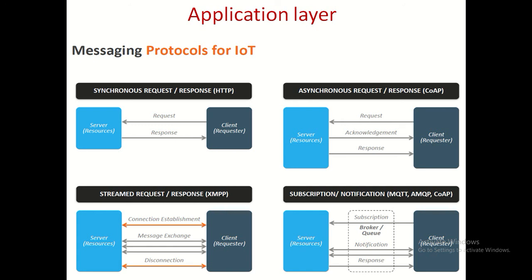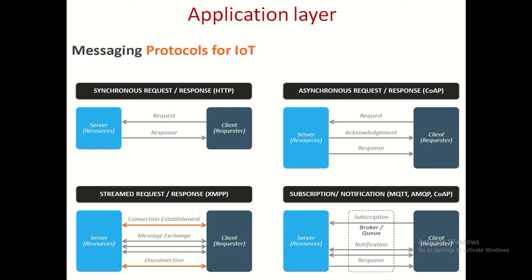The third protocol first establishes a link between the client and server. So this is like full duplex, where first I send a request to the server, and then a link is established, and then message exchange takes place in a streamed manner.